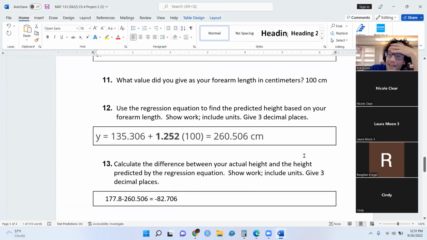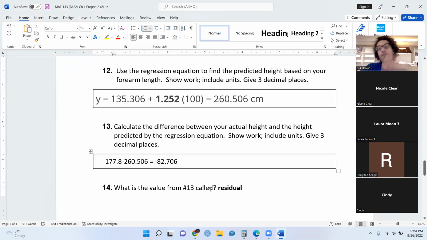Awesome. Do you see the common threads going on here? You find a model. You interpret its parameters, the slope and the y-intercept, using your sentence structures. You take an explanatory data value, plug it into the model to predict a response variable, in other words, a y hat.